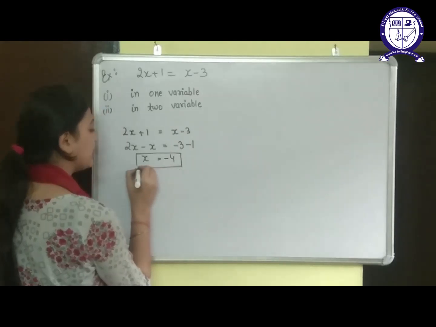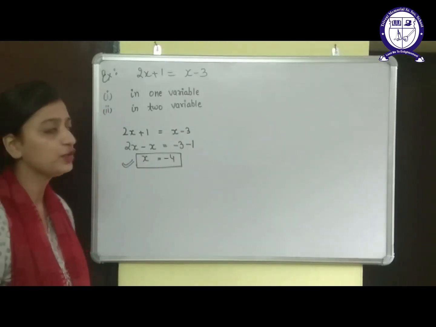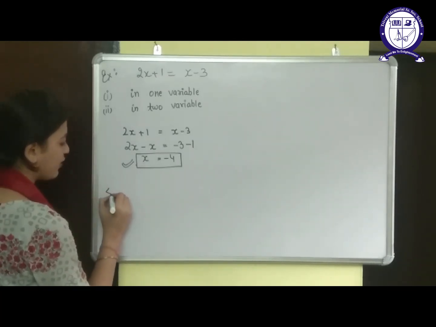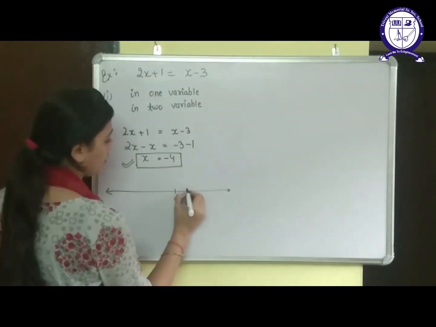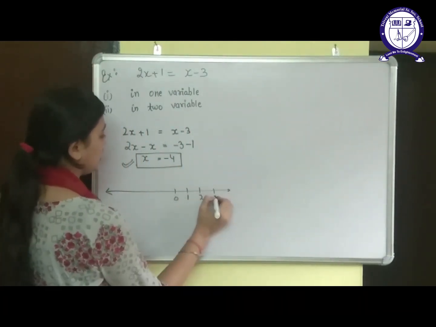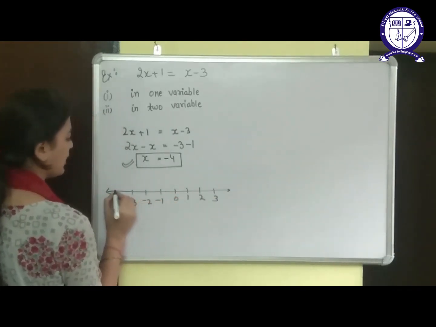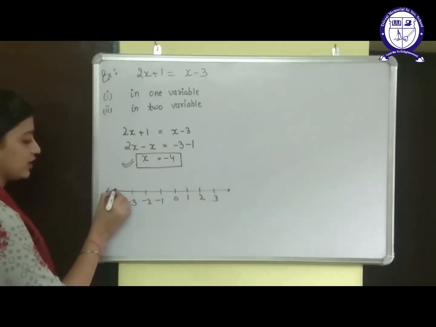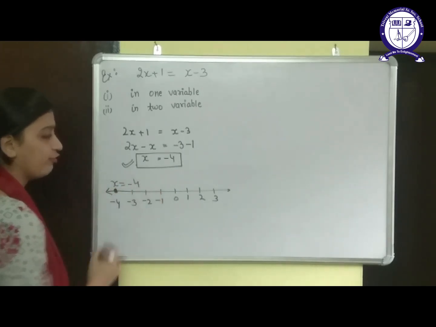This is my real equation. I need to plot it in one variable and two variables. In one variable it is a number line. So I will draw a number line: 0, 1, 2, 3, minus 1, minus 2, minus 3, minus 4, and x equals to minus 4 will be this point, and you will write x equals to minus 4.